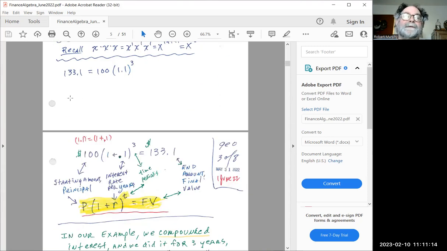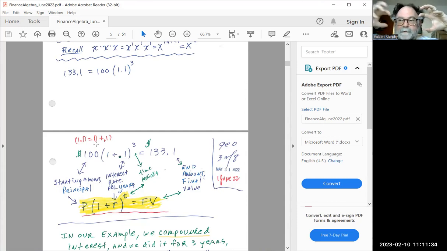Using 1.1 equals 1 plus 0.1, I expanded that formula. I flipped it around, and we can do that with equal signs. People forget that all the time.